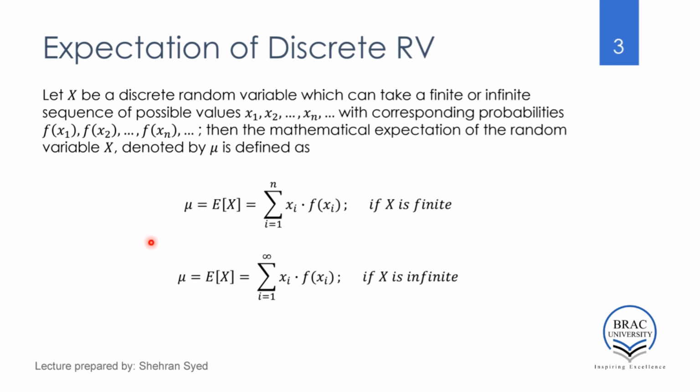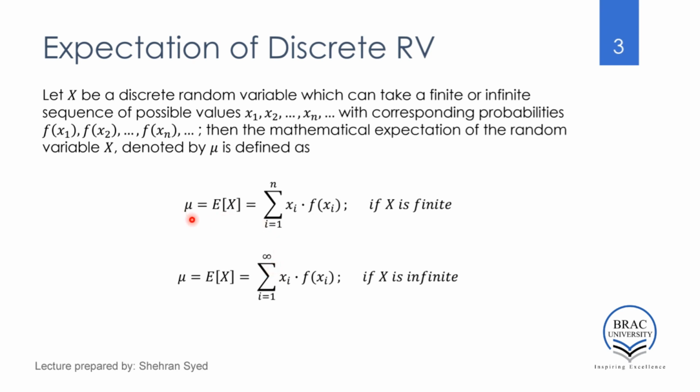So the mathematical expectation or the mean of the random variable can be denoted by mu, and if x is finite, it can be defined as the summation of xi times f of xi for i equals 1 to n, or if x is infinite, then it's the summation of xi times f of xi, where i goes from 1 to infinity.